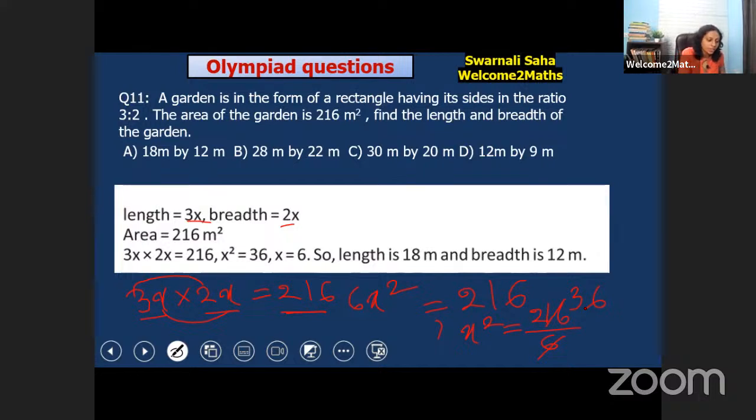Understood? So x square is equal to 36, x is equal to 6. So length would be 3x, that is 3 into 6, 18, and breadth would be 2 into 6, it is 12. That is the answer, A, 18 and 12. Understood? 11A is the right one.